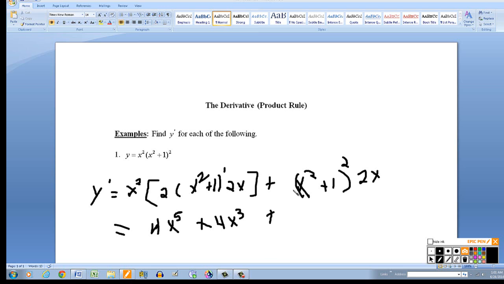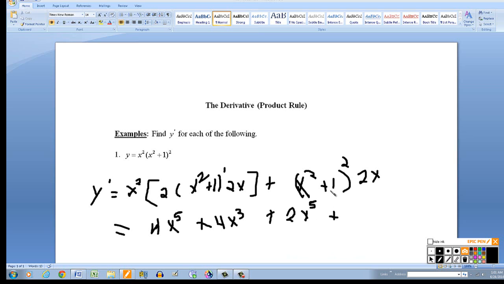Okay, so remember in the first problem, the first form that I did, I went ahead and squared this out. So remember we got x to the 4th. When we squared this out, we got x to the 4th plus 2x squared plus 1. Okay, so I'm going to go ahead and multiply that quantity by 2x. So this is x to the 4th times 2x, so this will give me 2x to the 5th plus.